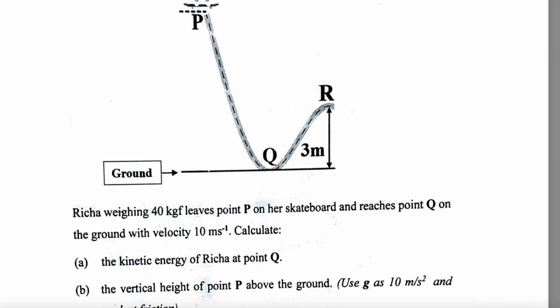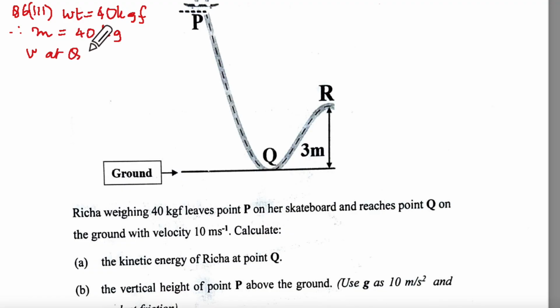What do we have as the data given? Question number 6, third part. The weight of Richa is 40 kgf, which immediately gives us the mass of Richa as 40 kg. And velocity at Q is equal to 10 meter per second.